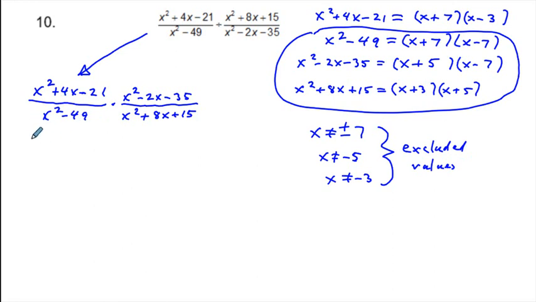Okay, let's do the rewriting here in factored form of everything. So we have now x plus 7, x minus 3 over x plus 7, x minus 7.